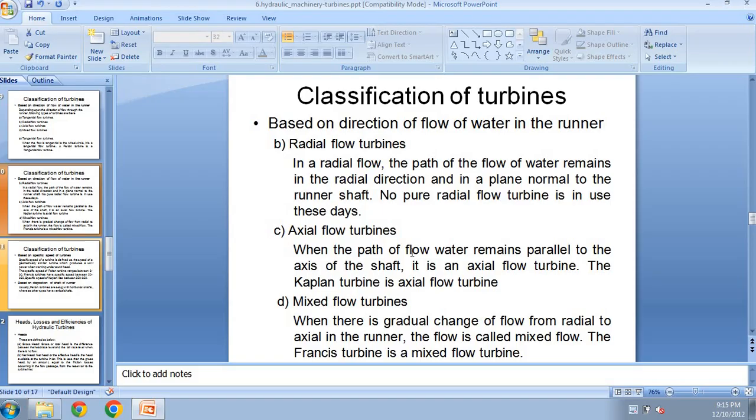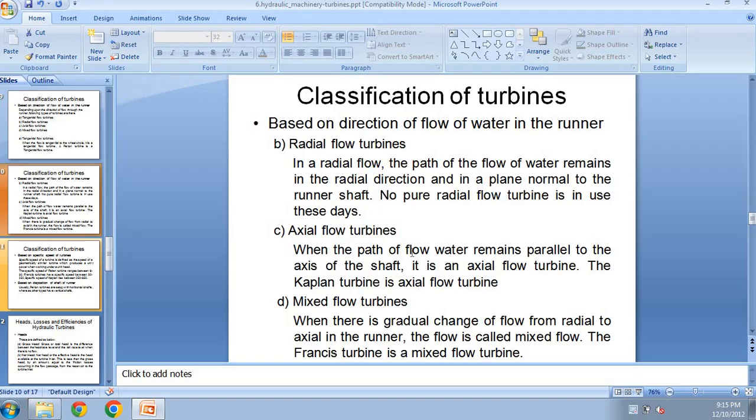The third type is the axial flow turbine, where water enters the runner axially and leaves the runner axially. In the Kaplan turbine, the runner is placed under the spiral casing. In the spiral casing, water enters radially, but that radial direction is converted into the axial direction at the entry to the runner.